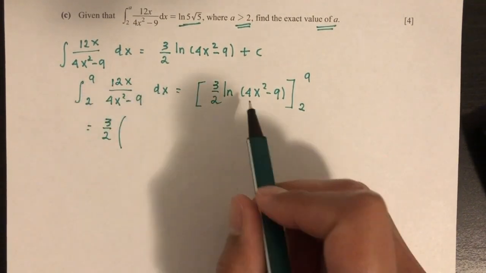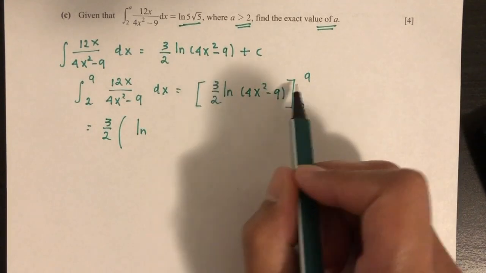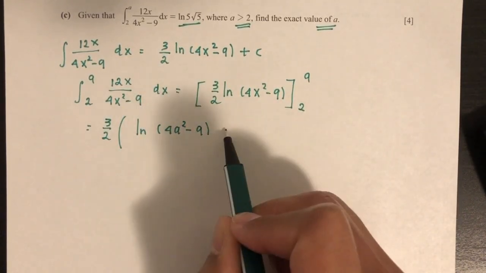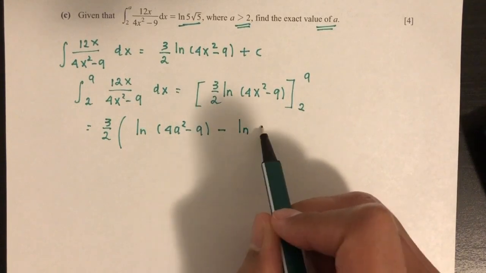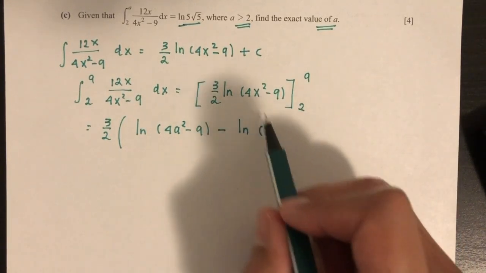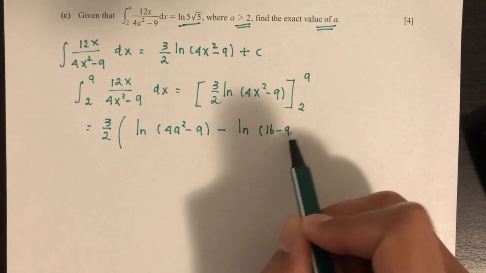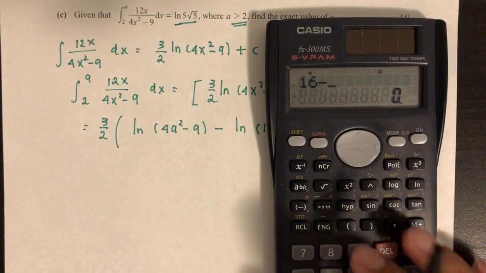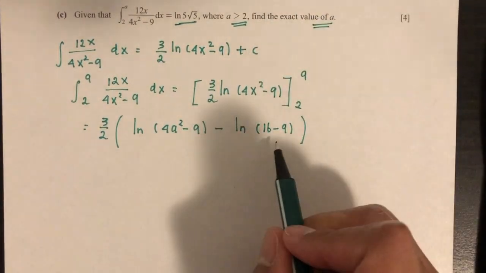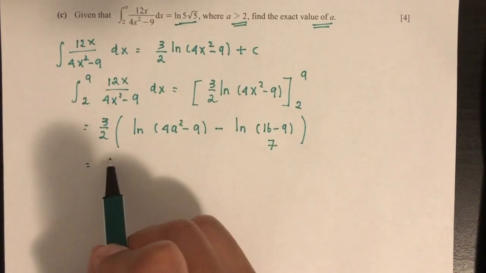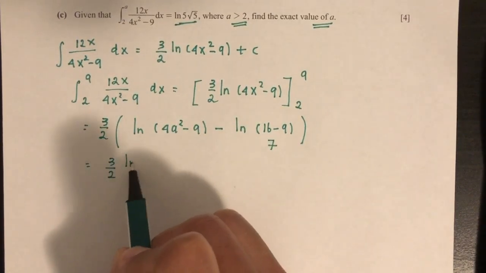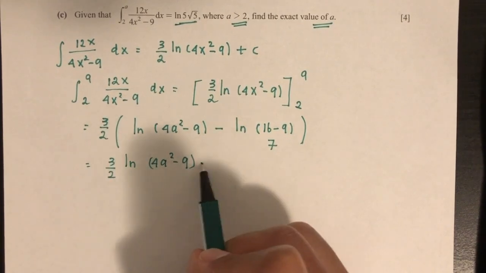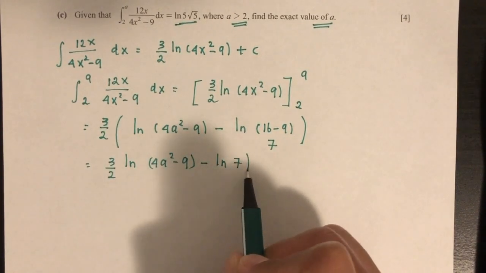We will have ln 4a squared minus 9, and then minus ln of 4 times 4 is 16 minus 9, so 16 minus 9 will be 7. So you will have 3 over 2 ln 4a squared minus 9 minus ln 7.